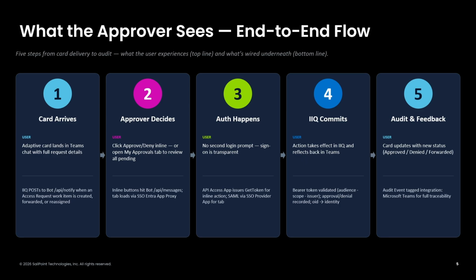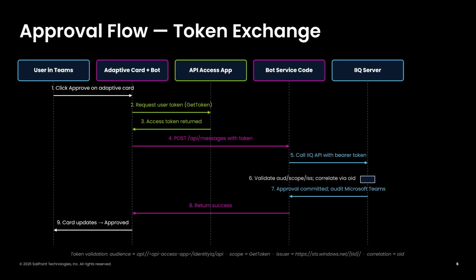Now, let's dig a little deeper and look at the process flow of how the approval actually works. Again, this is more an extension of how the approval flow works. When the user clicks the approve button on the adaptive card, everything is invisible to the user from there. Everything is done by the bot. The bot service code, which runs on the bot service VM, calls the bot framework token API.